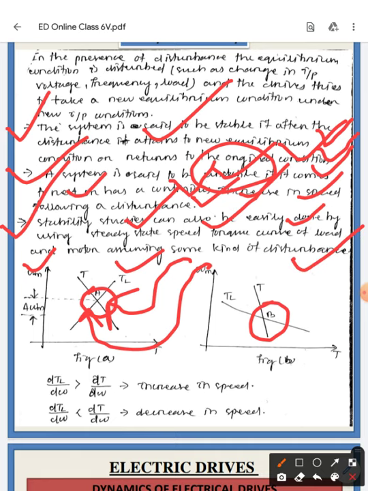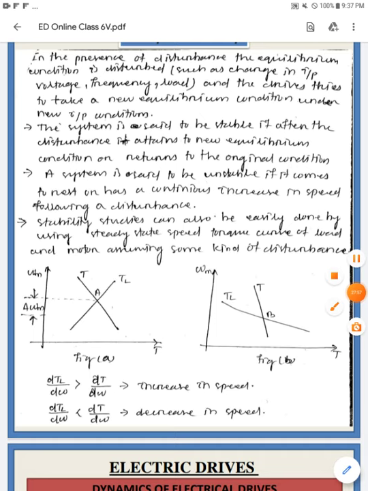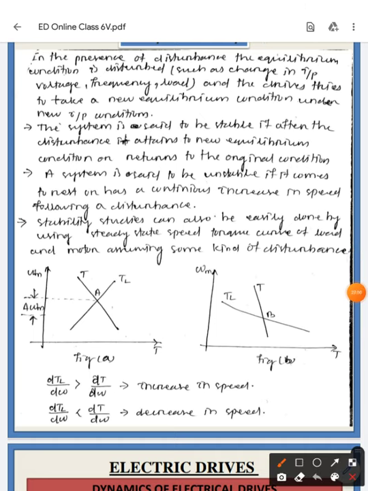And again we can see here, if the rate of change of your load torque is more than the rate of change of your motor torque, then to get the system back into stability, we need to increase the speed of the system, right?